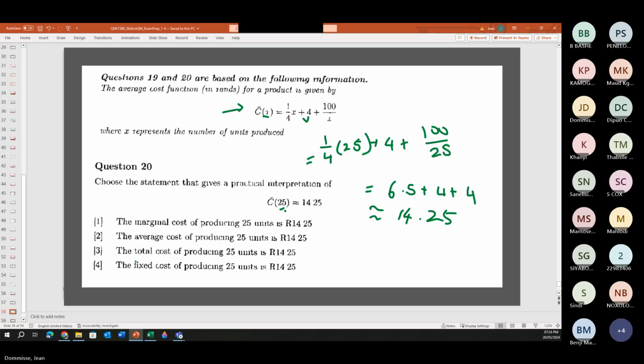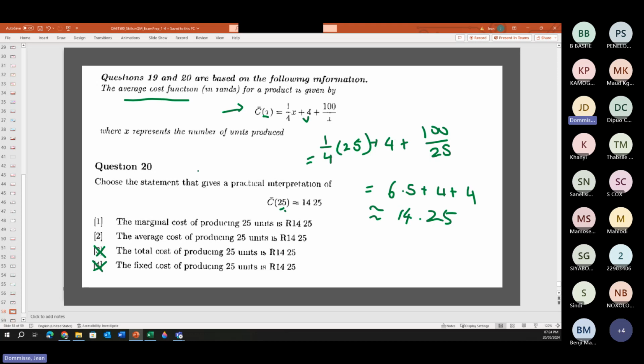What is it? It's not the fixed cost. It is definitely not the total cost. So is it the average cost or the marginal cost? What would you guys have said by them telling us the average cost function for a product is given by that?